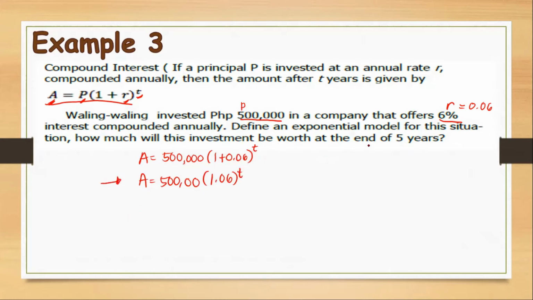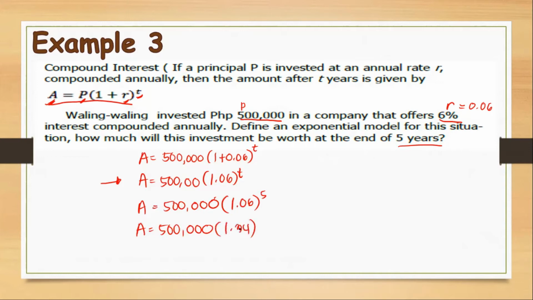And to find the worth after 5 years, we will have 500,000 multiplied by 1.06 raised to 5. And 1.06 raised to 5, the answer is 1.34. So our A is equal to 500,000 multiplied by 1.34.